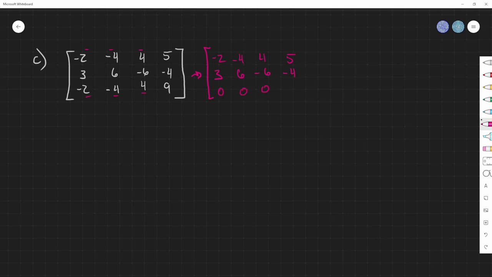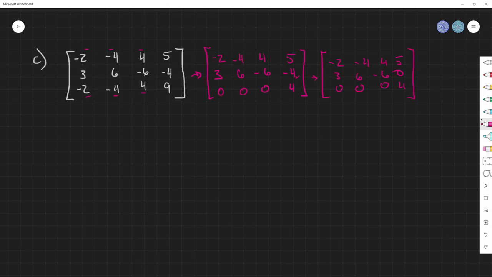And this is going to be 9 minus 5, 4. Then we can divide by 4 here, but we can get rid of this one too. So it'll be -2, -4, 4, 5, 3, 6, -6, 0, 0, 0, 0, 4.